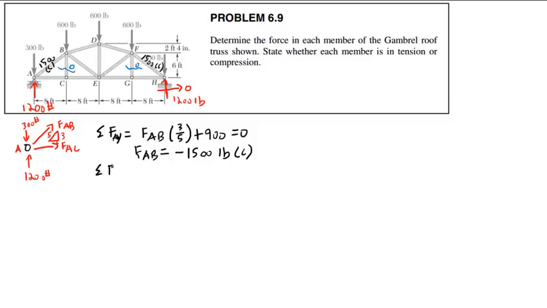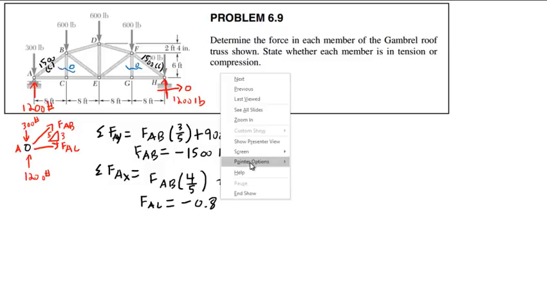Sum of forces about joint A in the x direction. I am going to have FAB times 4 over 5 plus FAC equals 0. And FAC is going to be equal to negative 0.8.